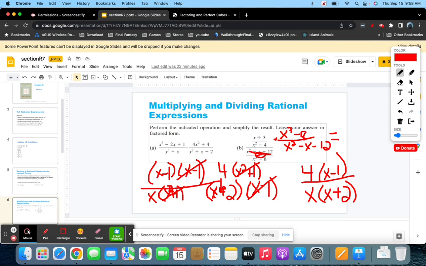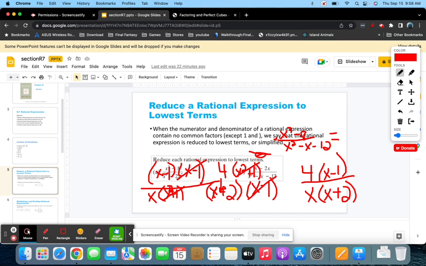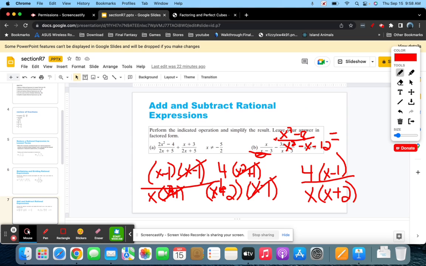X plus 3 is already factored. This x cubed minus 8, I think we factored that on a previous problem. We can't see it because of all the writing right here, but you would just bring that stuff over here.